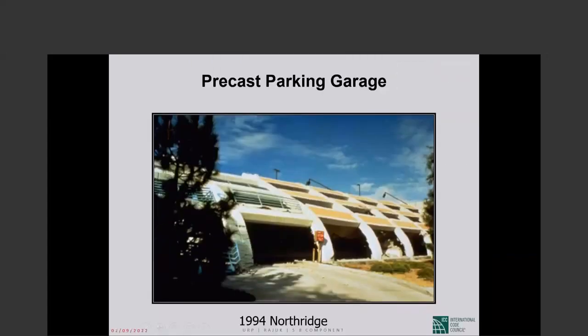The final slide. This was a parking structure at Cal State Northridge, California State University Northridge, after the 94 earthquake. This was a very interestingly constructed moment frame, but I won't go into that, time is short. This special moment frame was part of the seismic force resisting system.